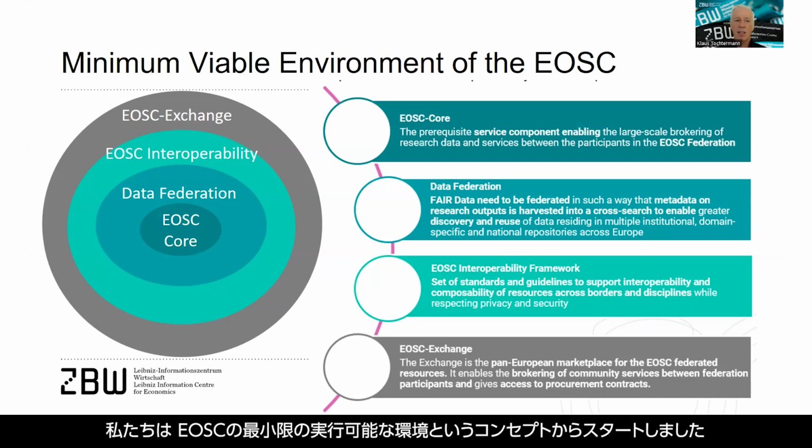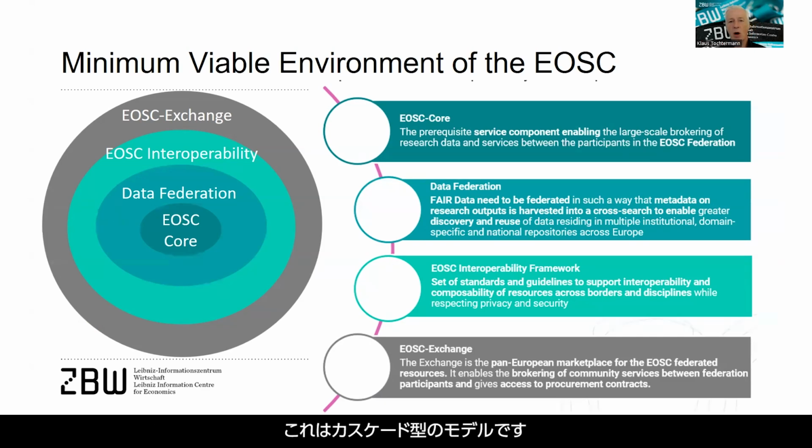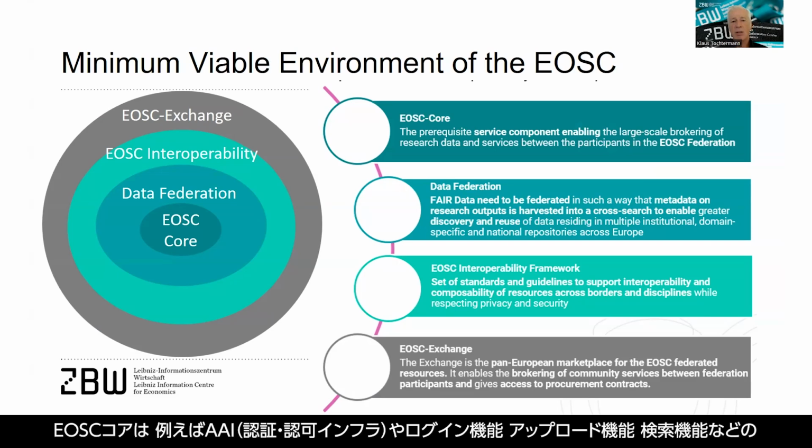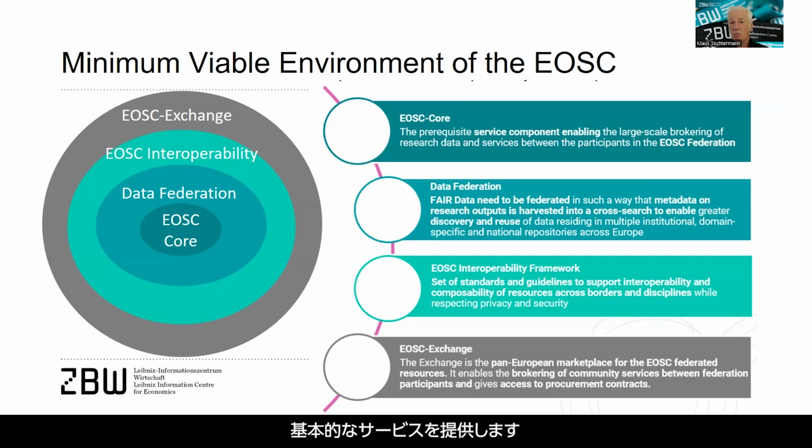We have started with a concept of a minimal viable environment of the EOSC, which is a cascaded model. At the center of this cascade, you see the EOSC core. And the EOSC core provides basic services, for example, an AAI or a login feature, an upload feature, a search component, and things like that.